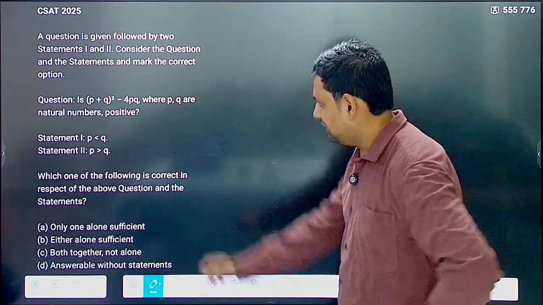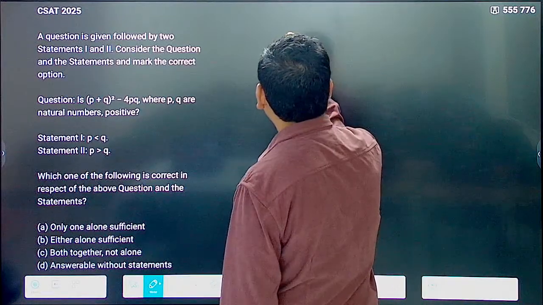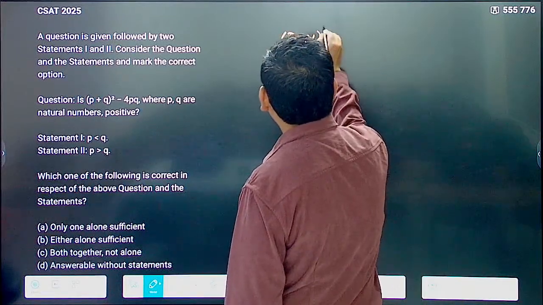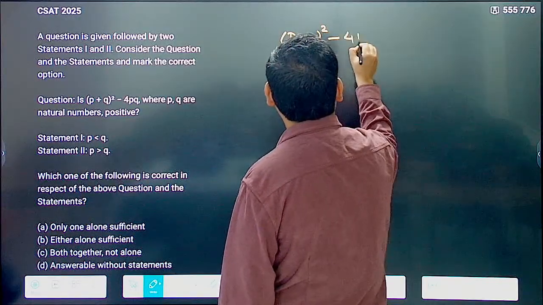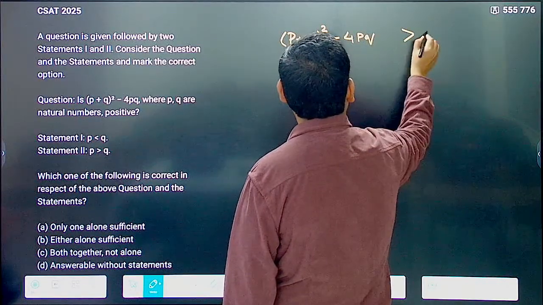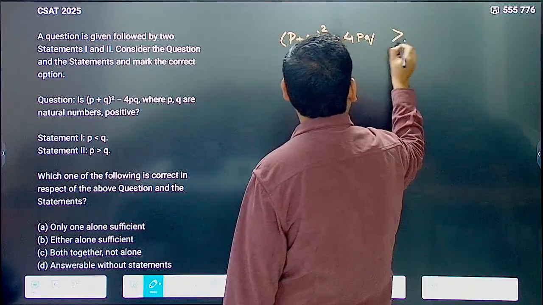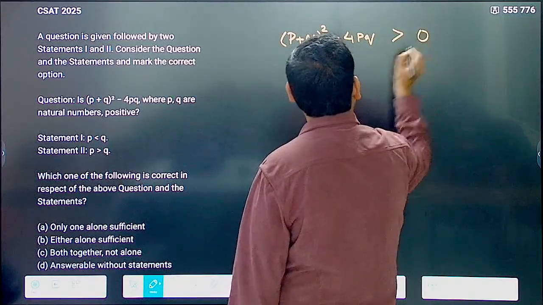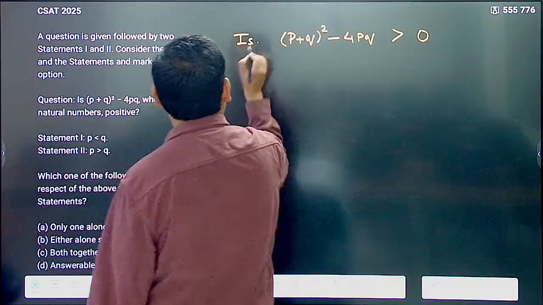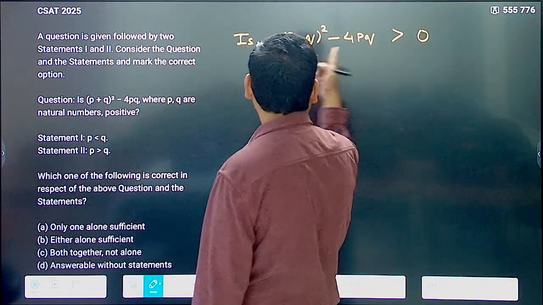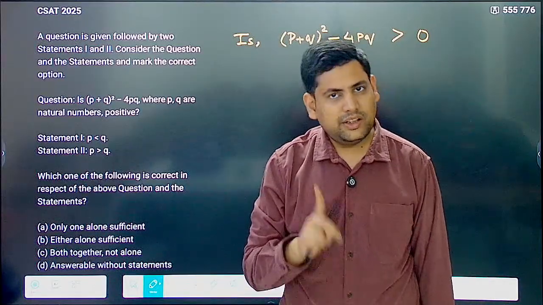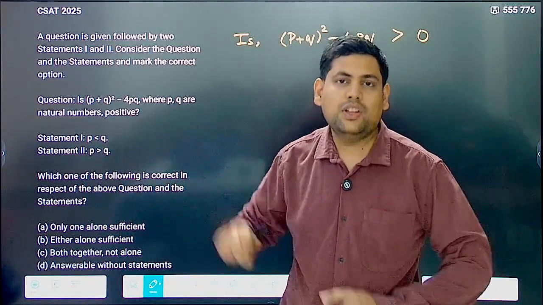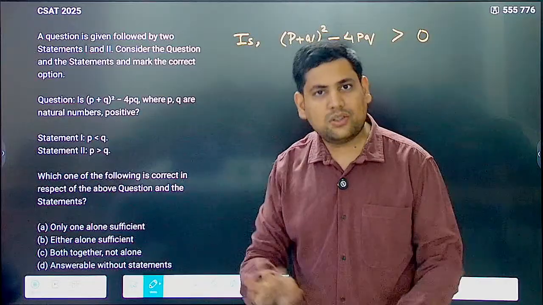Now, see this. This is asking you, is p plus q whole square minus 4pq greater than 0? This is the question. Now, is this expression greater than 0? If you get a definite yes, then you say that statement is enough. If you get a definite no, that also is enough.